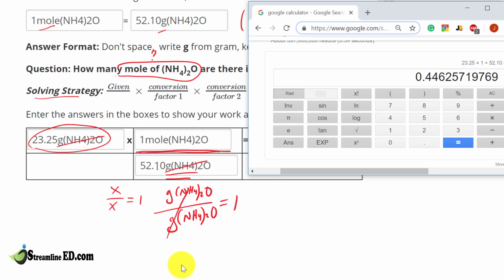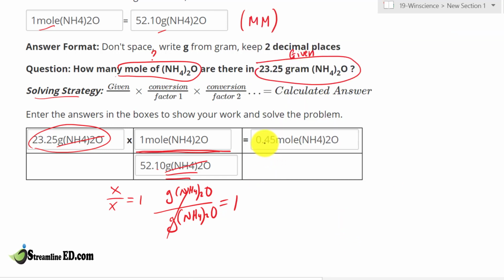And we want to round to 2 decimal places. So that 4 will become a 5 because that 6 right here makes the 4 into a 5. So our answer is 0.45 moles of ammonium oxide. And always remember to type that 0 in, okay? So that is how we use molar mass to convert between grams and mole.